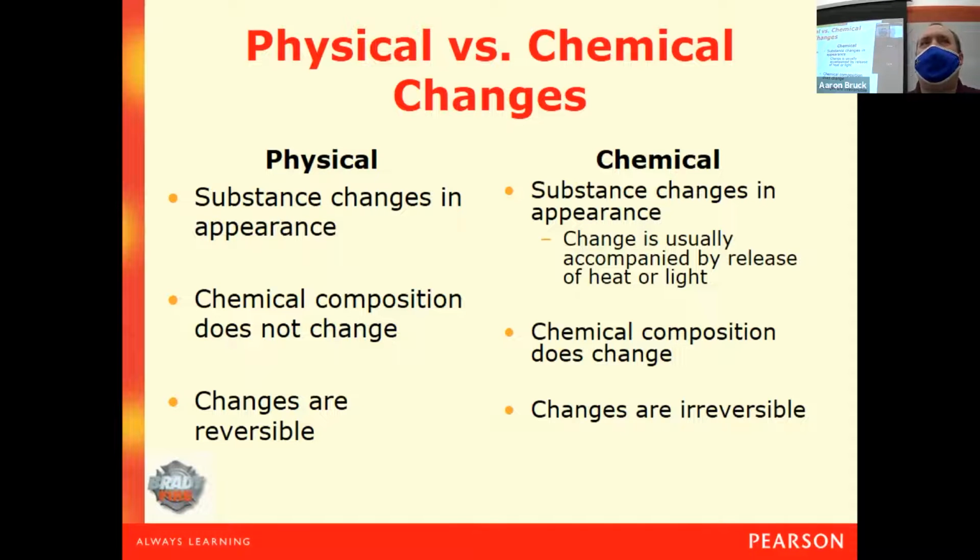But when we have a chemical change, in addition to the substance changing its appearance, we will often see that heat or light or both are going to be exchanged or generated by the reaction. In a physical change, the chemical composition doesn't change.